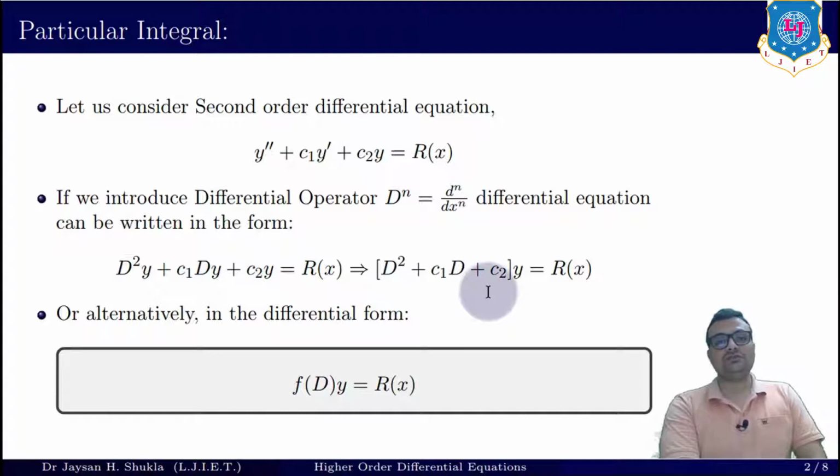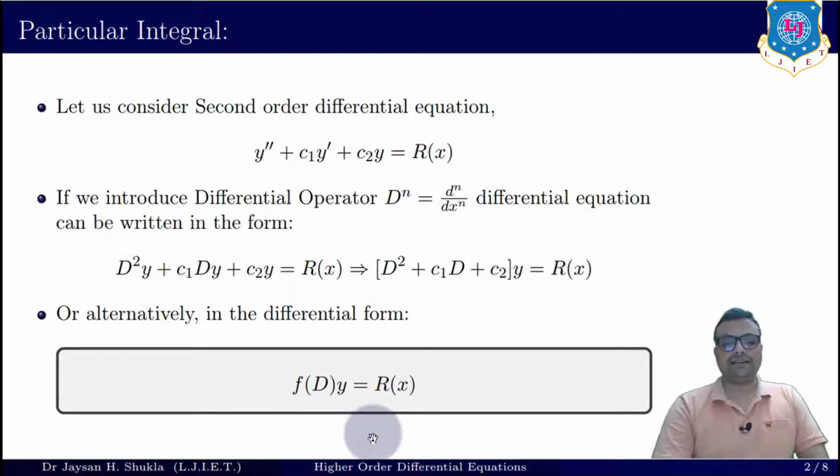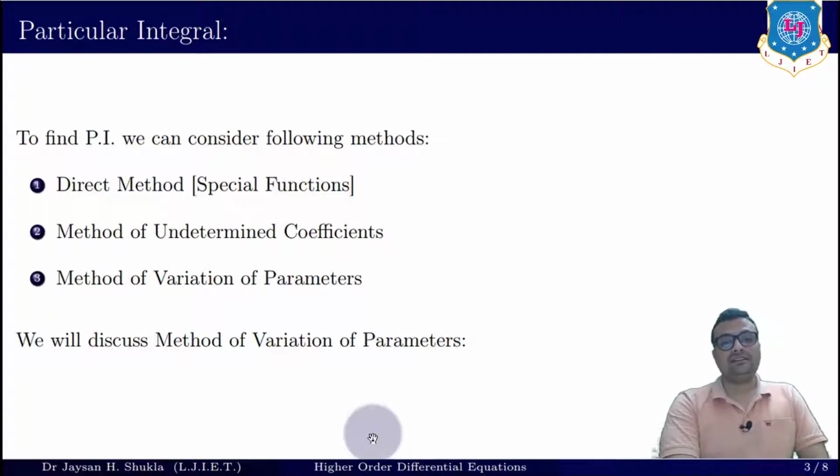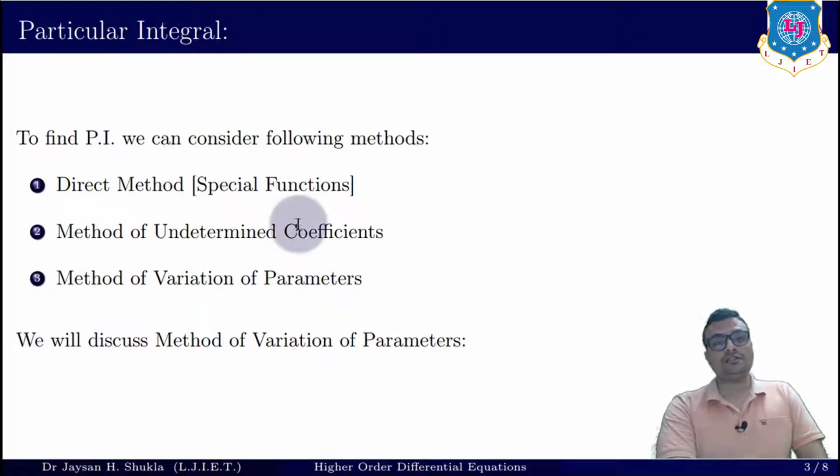Taking this into operator form, my equation will be f(D) y equal to R(x). And as I told you earlier, we have already seen the direct method and the method of undetermined coefficients for finding the particular integral.